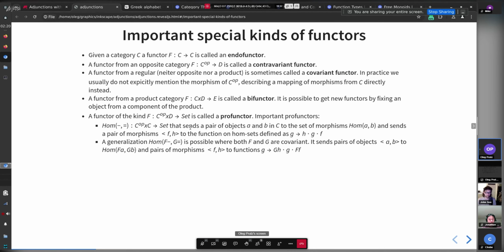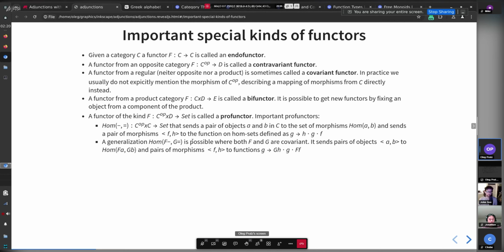So there's this profunctor called the hom profunctor. It takes a pair of objects and gives you an object in the category Set, which should be a set, right? So that is its action on objects, and we also need to understand its action on morphisms.